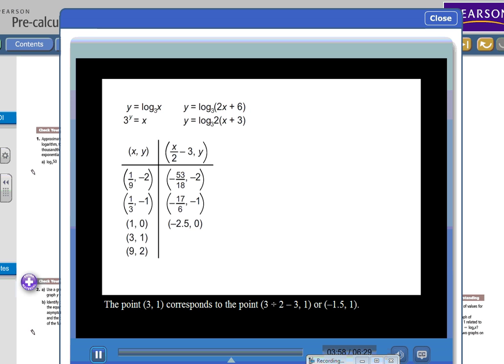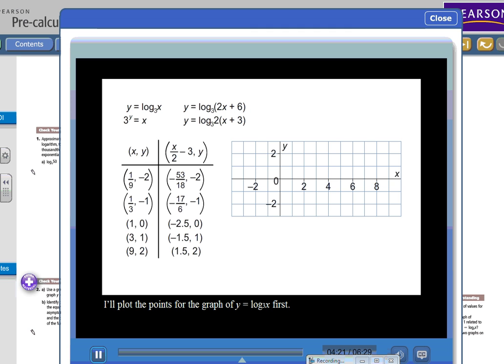The point (3, 1) corresponds to the point (3 divided by 2 minus 3, 1), or (negative 1.5, 1). The point (9, 2) corresponds to the point (9 divided by 2 minus 3, 2), or (1.5, 2).